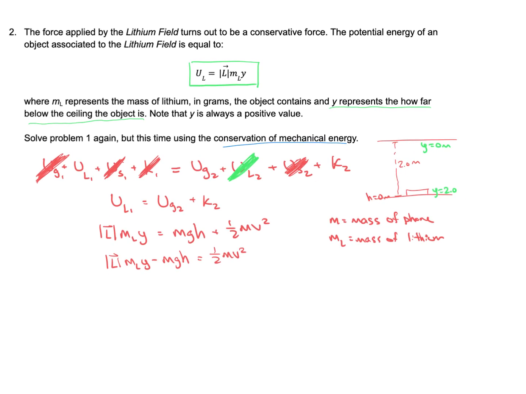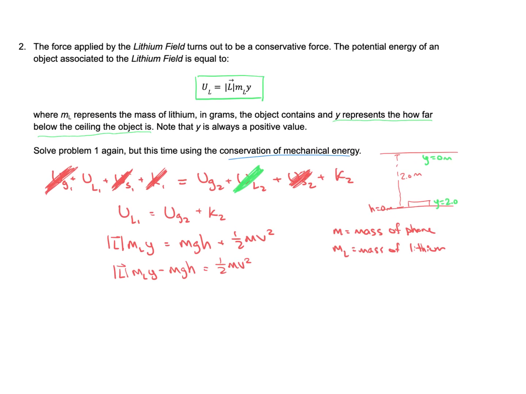So that will look like this. Multiply by 2. Divide by m, square root. And we have the values of all of those.